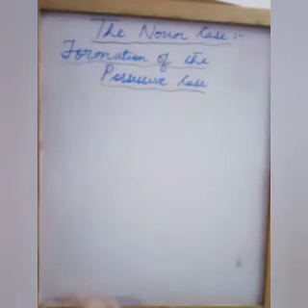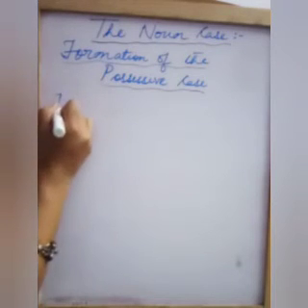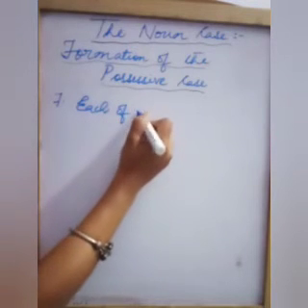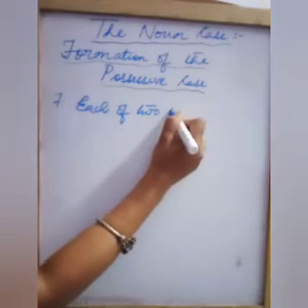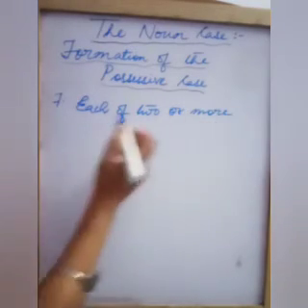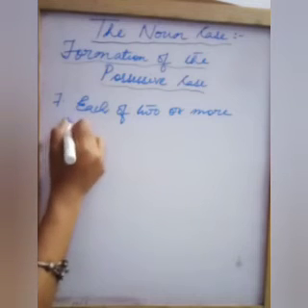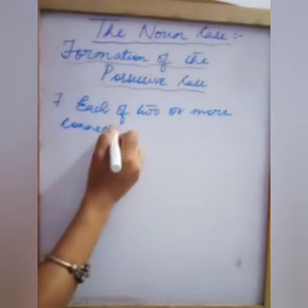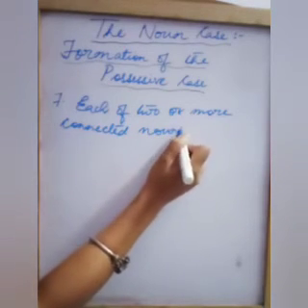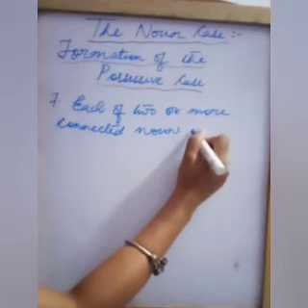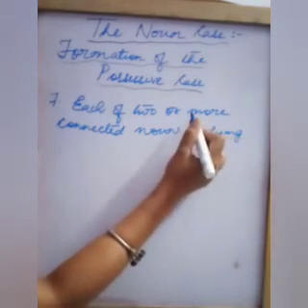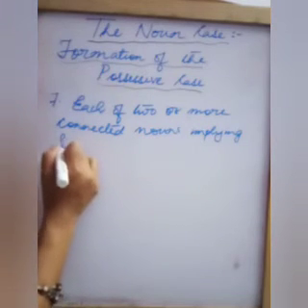And for today, the last one will be number 7. Each of two or more connected nouns implying separate possession.